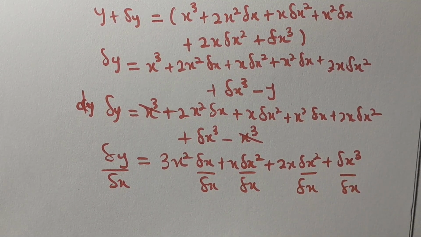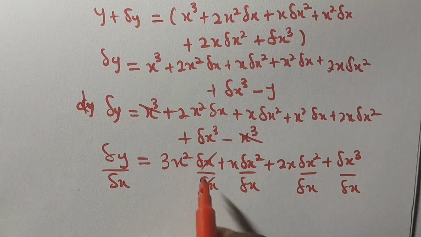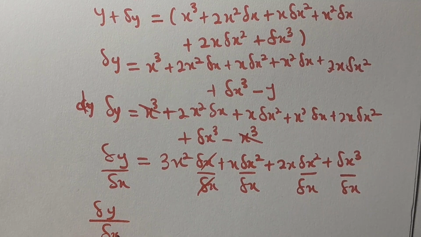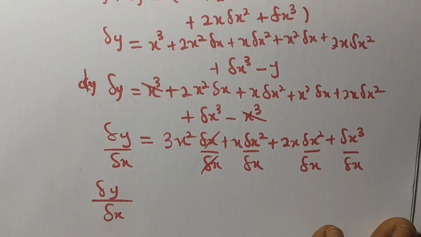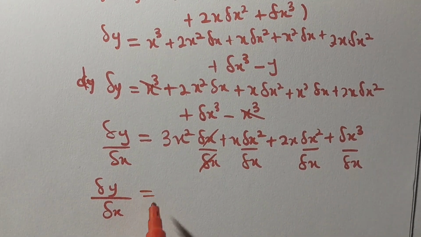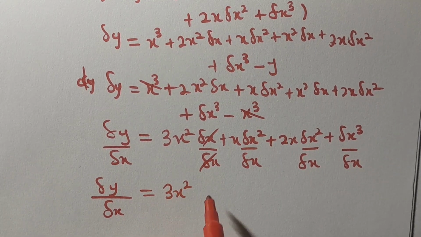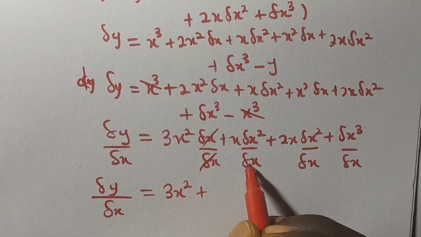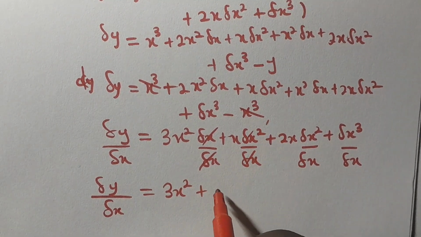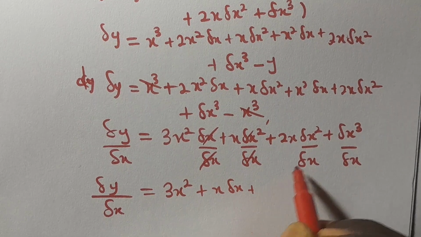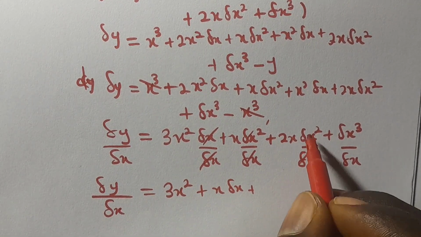So from here, we cancel this. So we have change in y over change in x equals 3x squared. And this we cancel this, it will remain 1. We have x change in x. Then this will remain 1, 2.